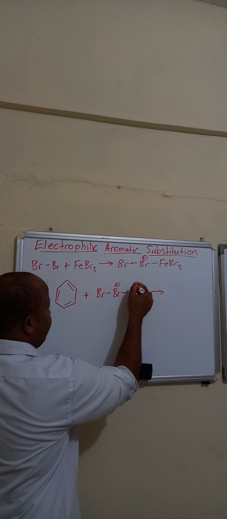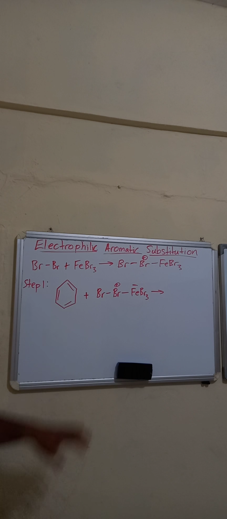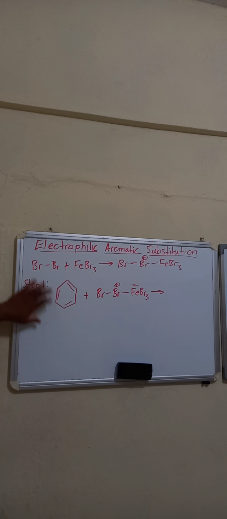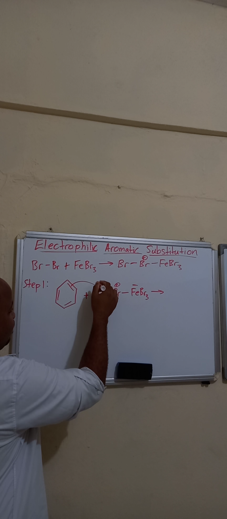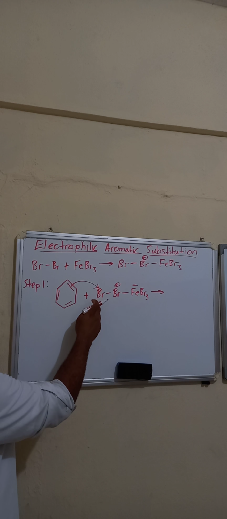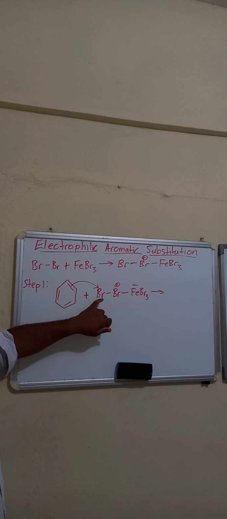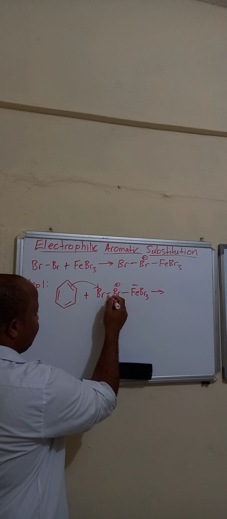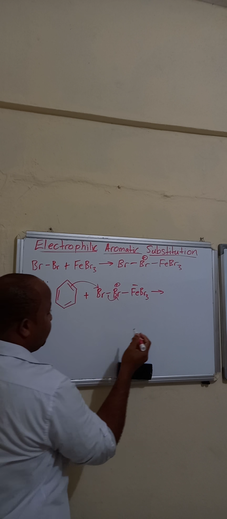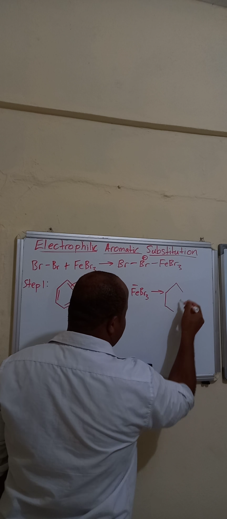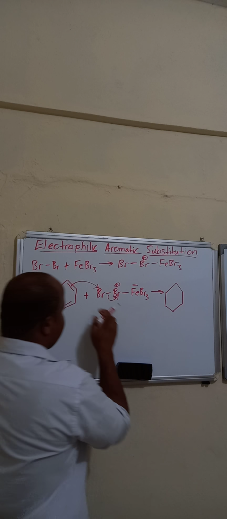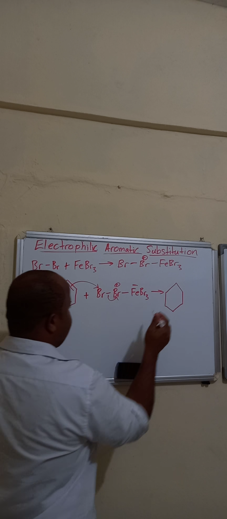In terms of the mechanism, when this complex approaches the benzene ring, same thing again will happen. We have the nucleophile donating a pair of electrons, so it is going to remove this bromine atom. So this bond breaks heterolytically, and we get bromine being attached to the benzene ring.